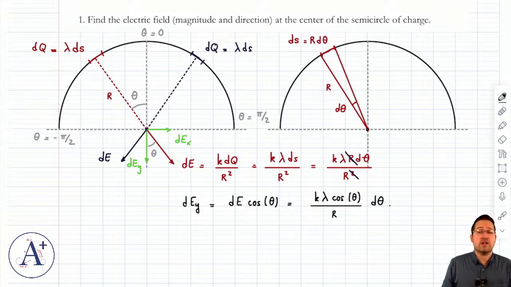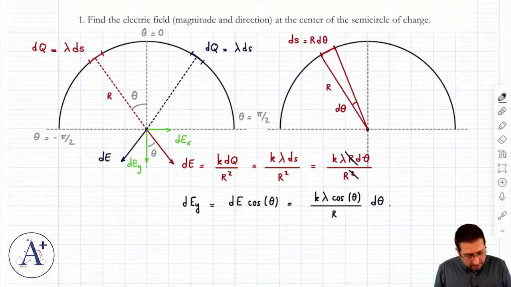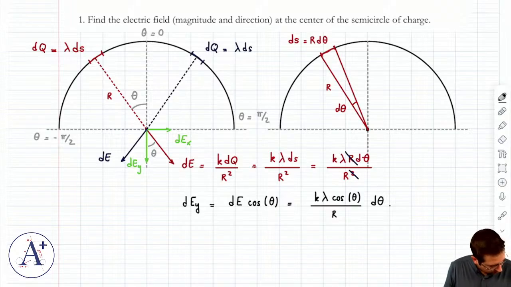Okay, and if you forget that piece, which is the piece that is most often forgotten, ask me how I know, then you forget cosine theta. And it's very different to integrate just d theta versus cosine theta d theta.